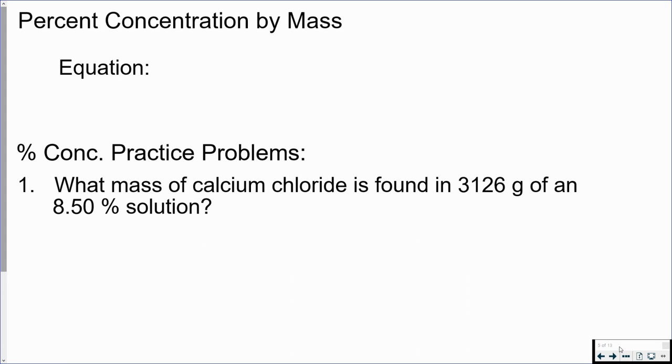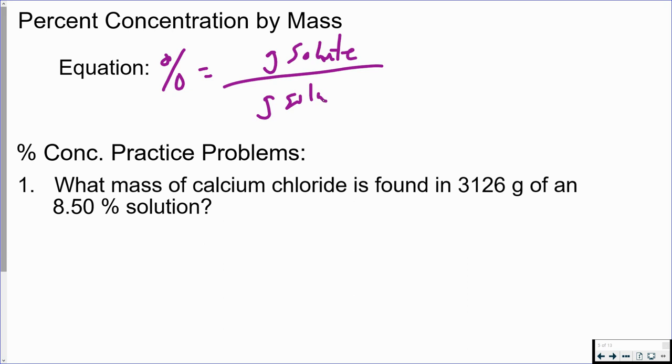Percent concentration is equal to the grams of solute over grams solution times 100. So again, it is just like any other percent.